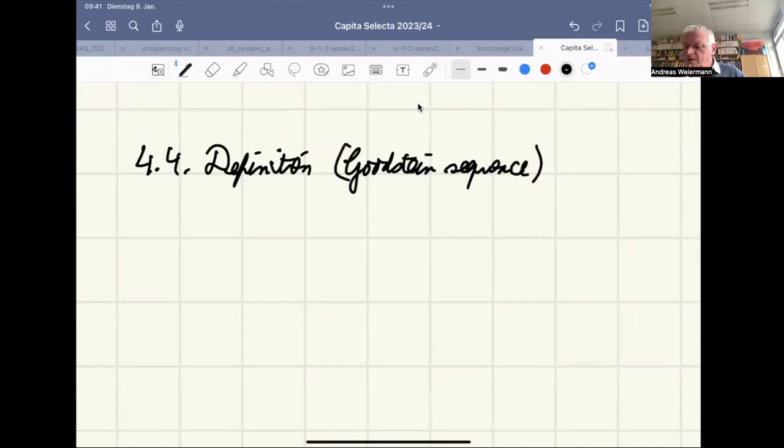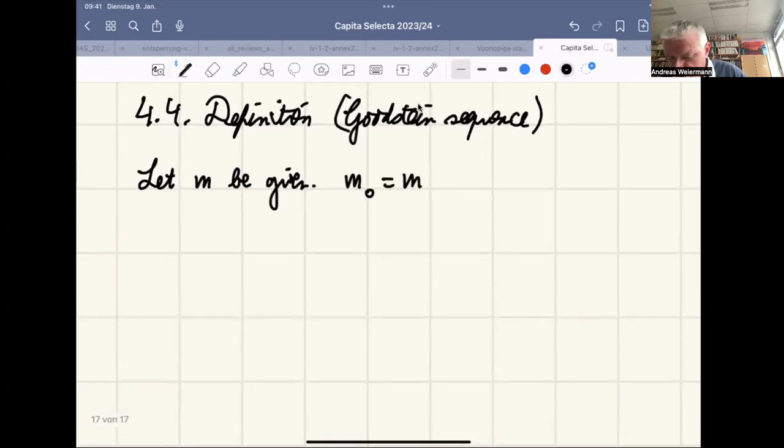Well, the Goodstein sequence starts with a given number, so let m be your favorite number, let m be given. Now we start our process at time 0 with m. Of course, let us assume that m is bigger than 0, otherwise it's not interesting.